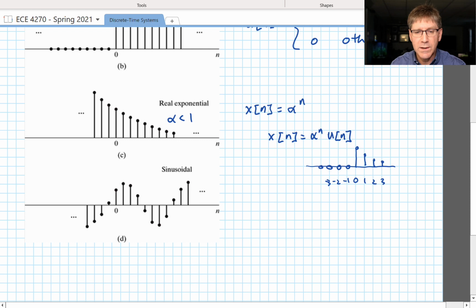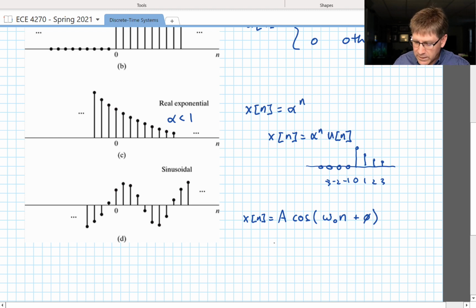that blows up. Okay, a sinusoid, another function that we will use quite a bit. This is a cosine. Omega naught would be the frequency times n, and then phi would give us a phase shift.